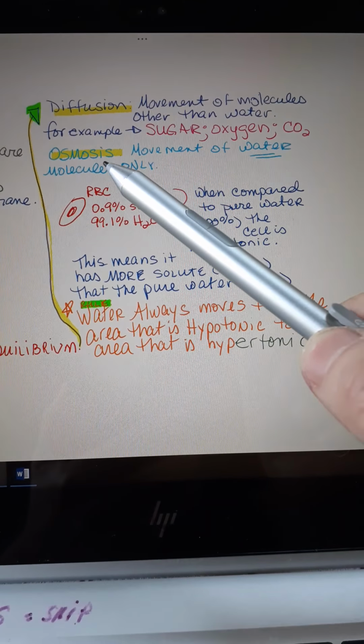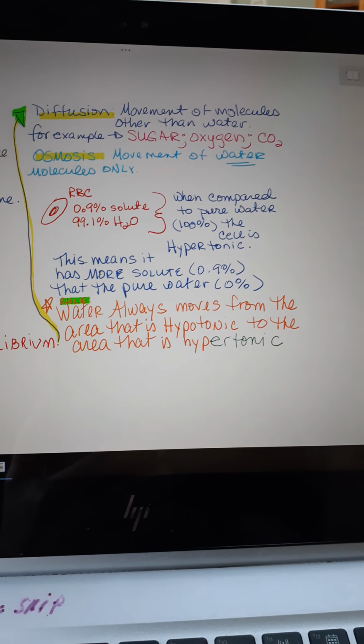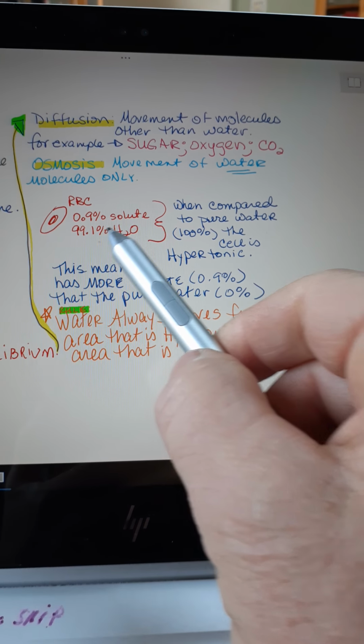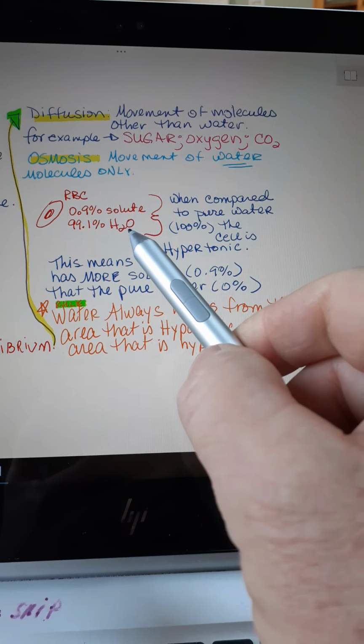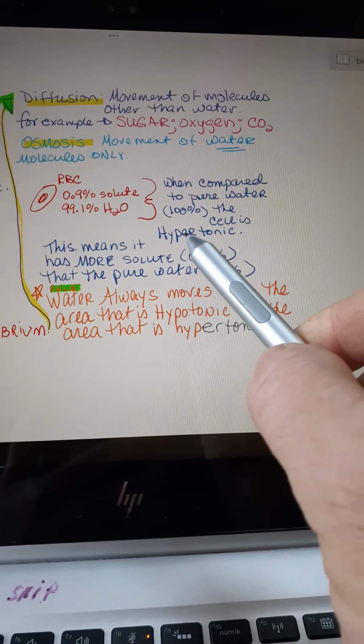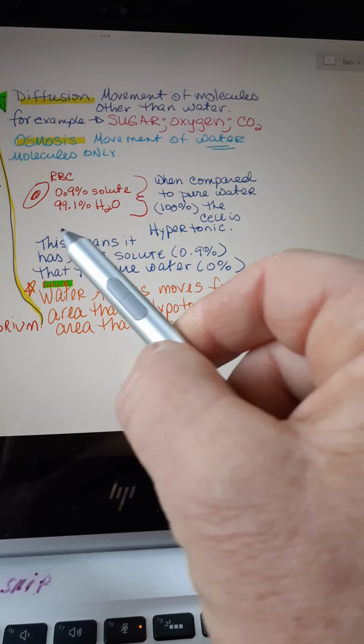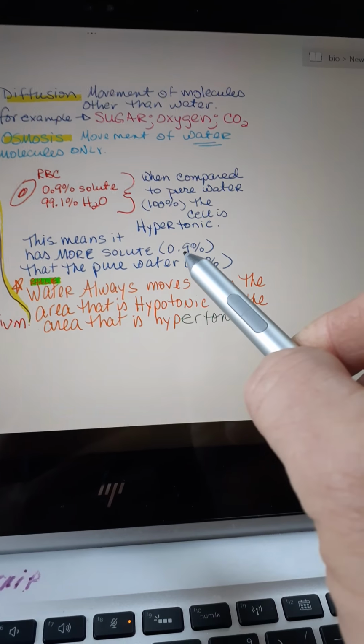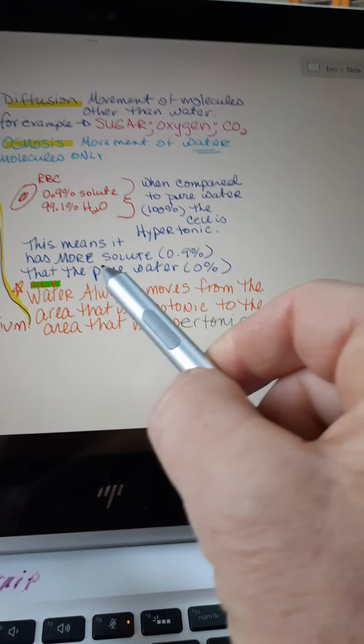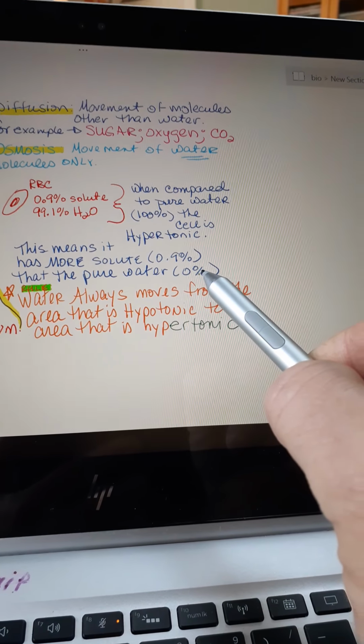For example, a red blood cell has 0.9% solute and 99.1% water. When you compare this to pure water, the cell is hypertonic, which means it has more solute, 0.9%, than the water, which has 0% solute in it.